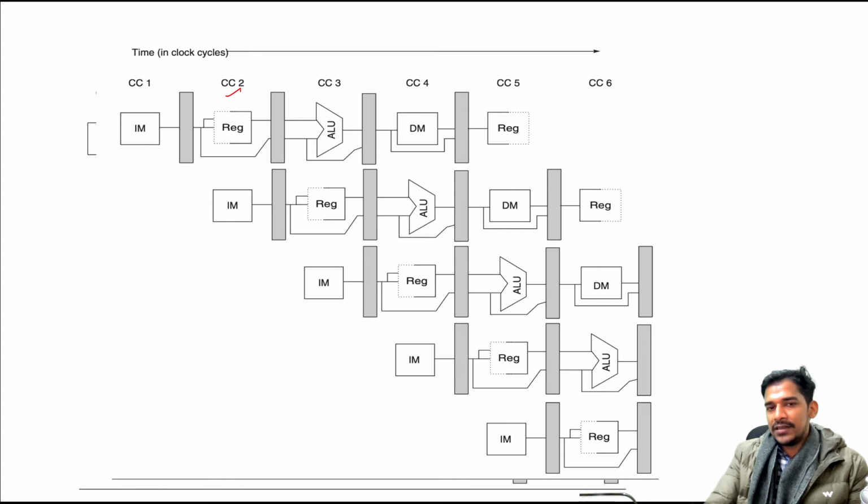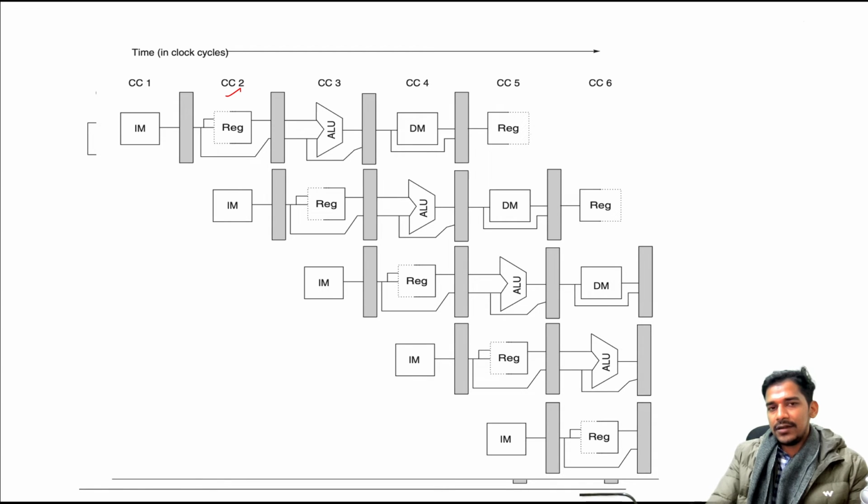Then the ALU takes the values from the buffer and performs the operation, and the ALU puts the output into this buffer. Then data memory will store this into the memory or registers, whatever, right? So these buffers are used so that the stages do not interfere with each other.